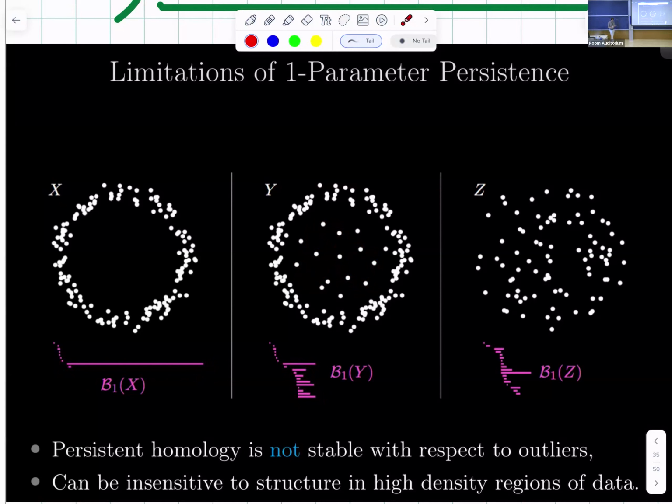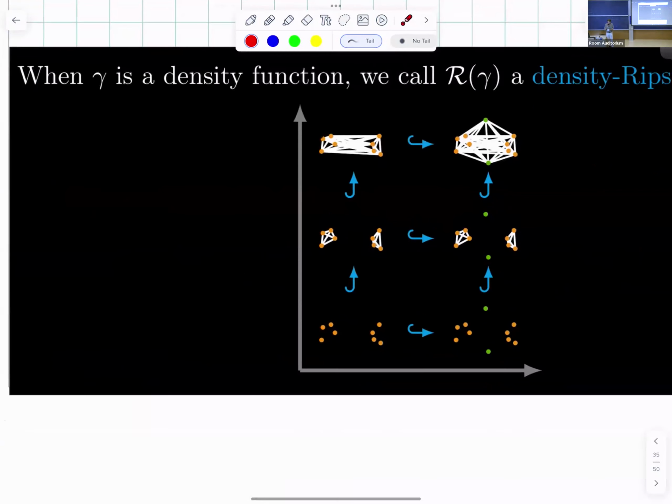And also, if we compare these two, I mean, here we have like a circle plus some noise, and here I have just noise. Yeah. So I want them to be totally different, but the barcodes do not look that different.